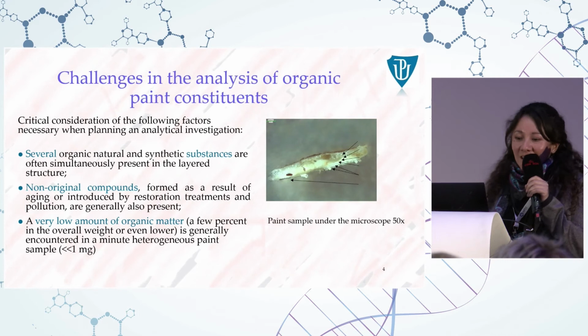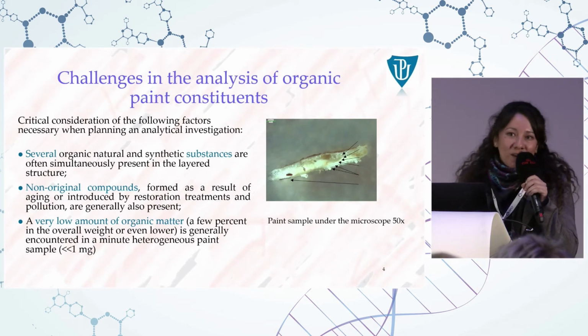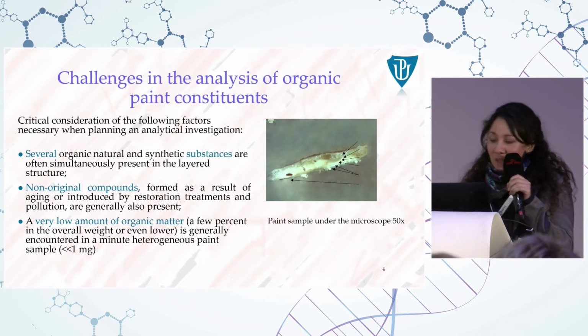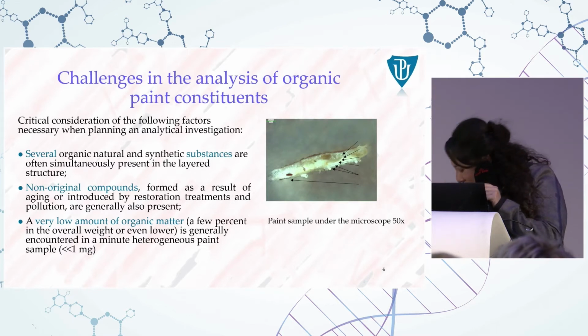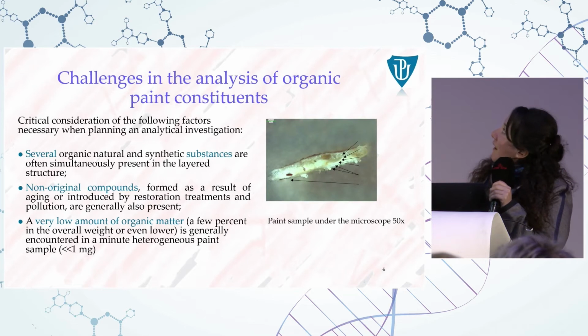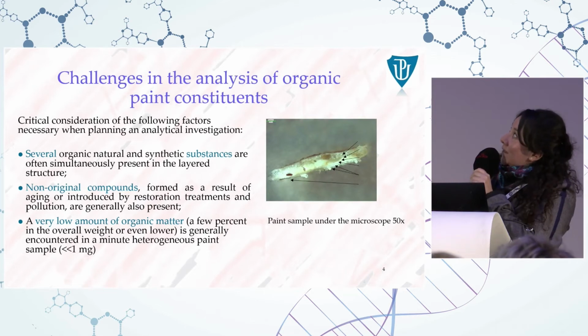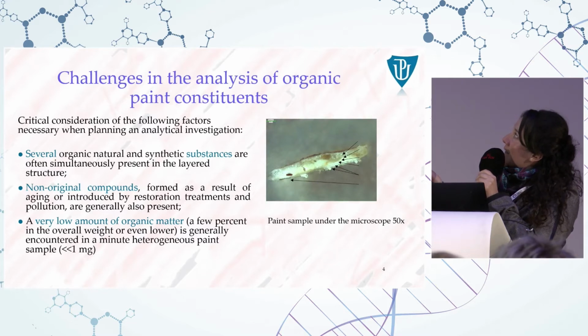Now, what are the challenges that arise when you analyze this type of materials? Well, yes, this is a sample. It's around 1 microgram, and as you see, this is a layered sample, which means you have heterogeneous composition. These materials, as I say, have had the time to interact with each other.